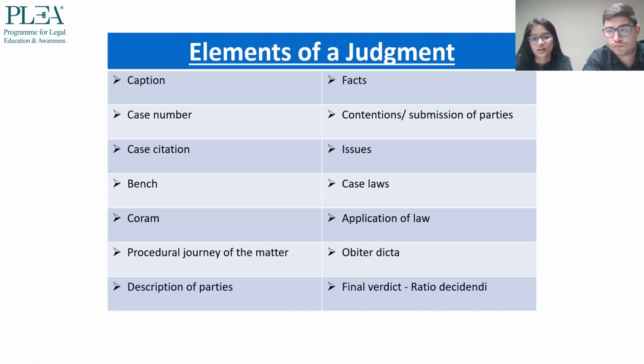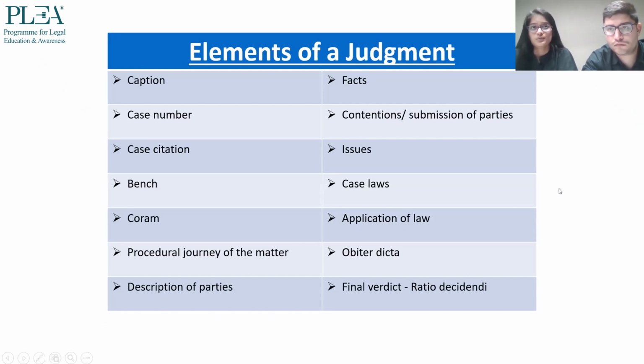Now, there can be one judge who is dissenting to the judgment and 2 judges who have a similar opinion. So, the final verdict will have a majority rule. If two judges are in favor of one judgment and one judge is dissenting, then obviously what the 2 judges have decided will be the final verdict.